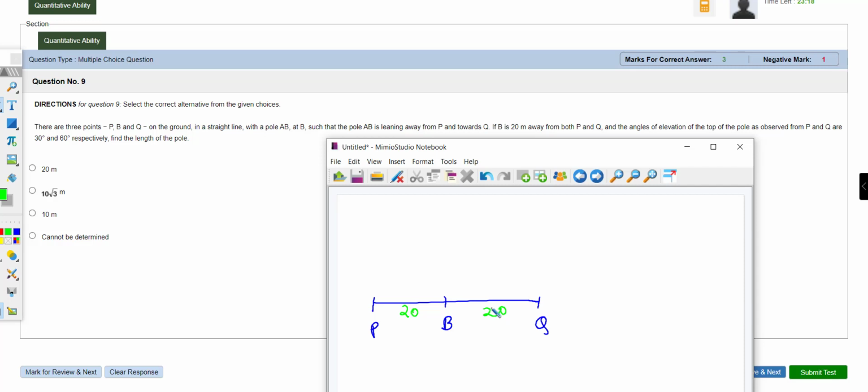There is a pole at B which is leaning away from P towards Q. So the pole is going to be somewhere like this.